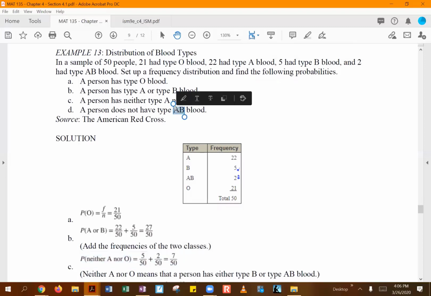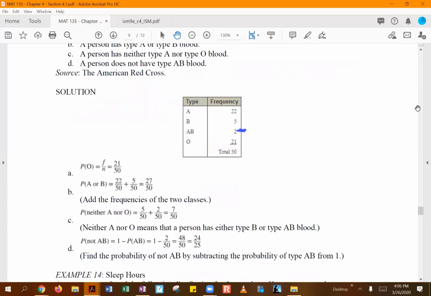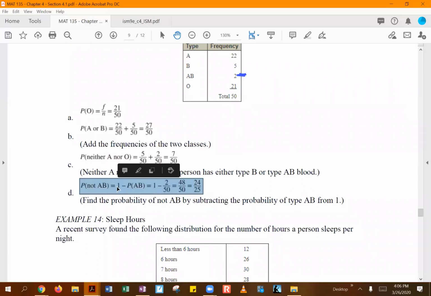Now this last part is definitely going to be a complementary event. They're saying a person does not have type AB blood, which means they can be any of the other 3 types, A, B, or O. You can obviously add the 22 with the 5 and the 21 and get it that way, but since you only have to exclude this one event, type AB, you can do 1 minus the probability of AB, which is 1 minus 2 out of 50.